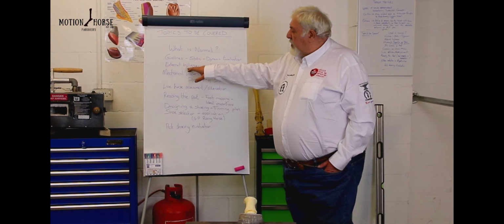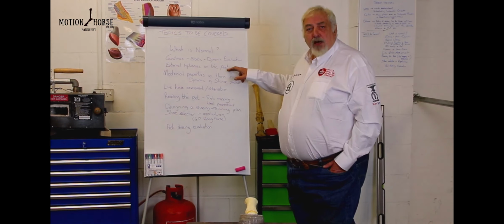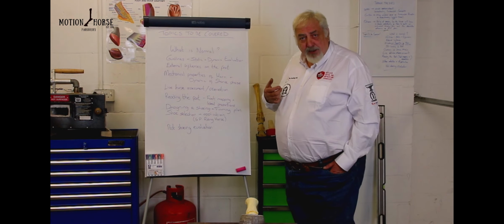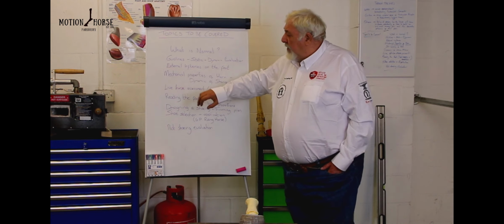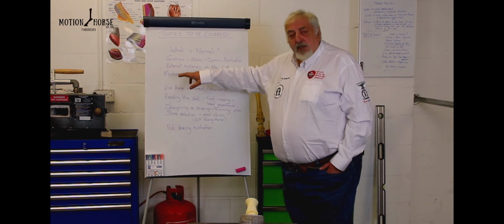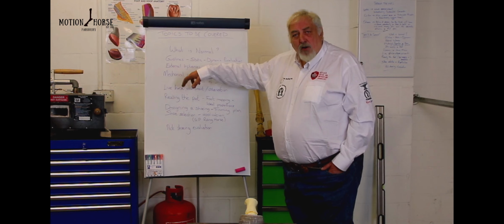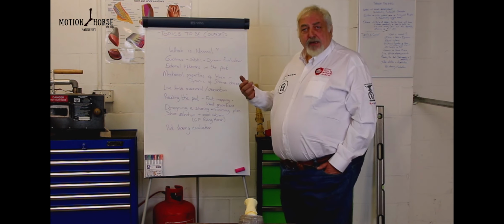We're going to look at some external influences on the foot that are beyond our control as farriers, yet we have to manage. And then as we go through that, one of the important things to be able to discuss is how and why feet distort in the way that they do.